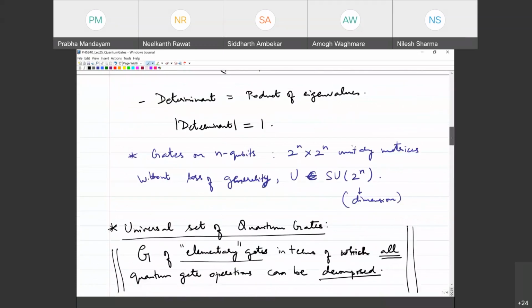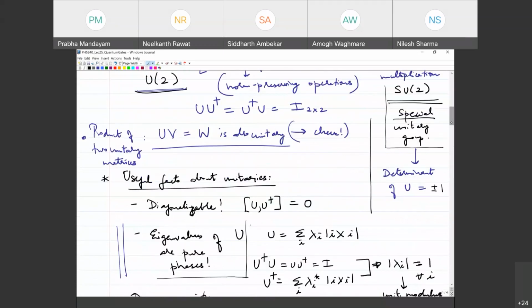And I said the definition of SU2 should include the minus 1 also, which I missed. It's plus minus 1, and up to an overall phase. So technically it's U2, but for practical purposes, since this overall phase doesn't matter, we can bring it to SU2.